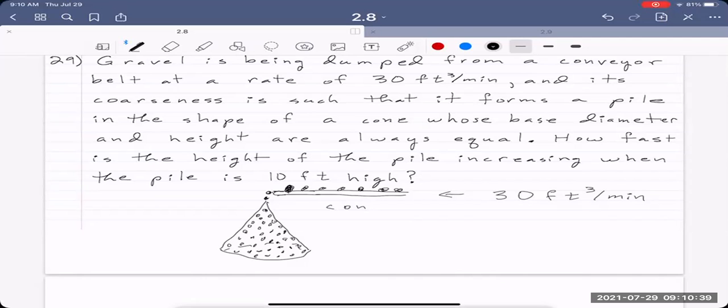So this is the conveyor belt, and I have that this diameter is the same as this height.